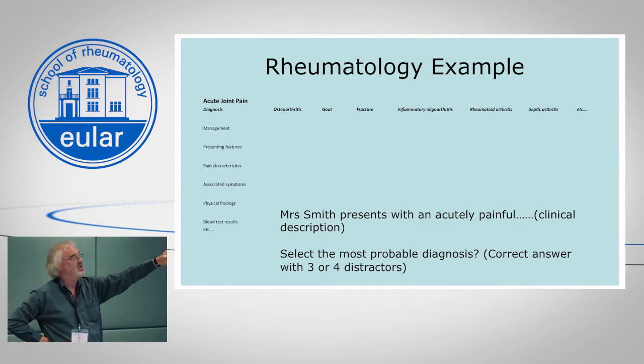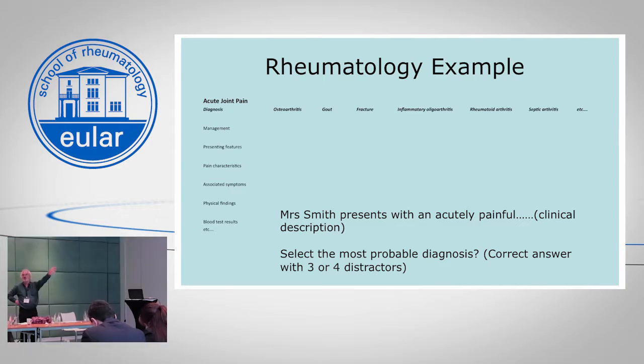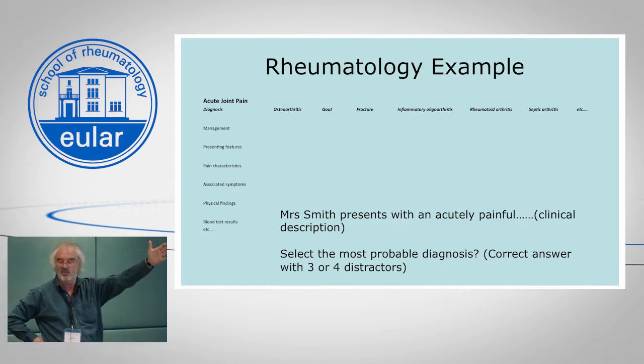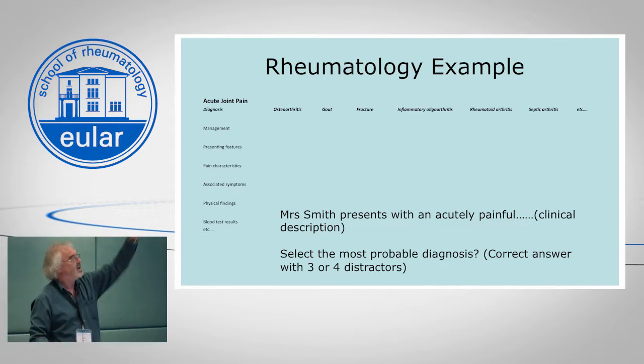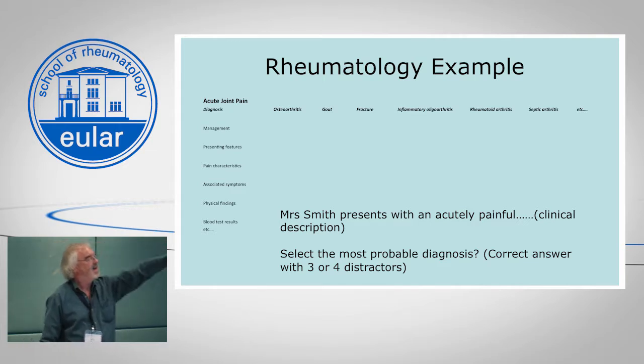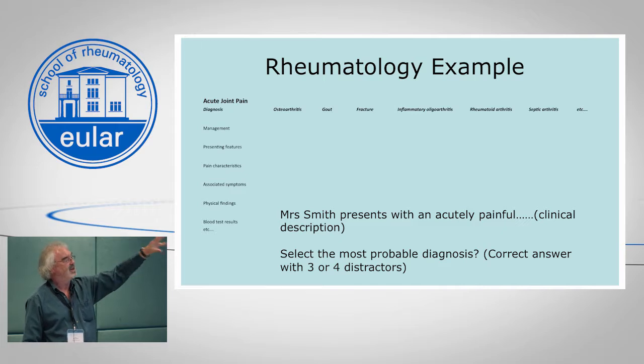That would lead you to be able to come up with potentially 5 or 6 or 7 multiple choice questions, all based around this idea of acute joint pain. So you begin with Mrs. Smith presents with an acutely painful knee, for example, and then you pick the appropriate information from each of those, and at the end you would say select the most probable diagnosis with 3 or 4 distractors, or in that case, here you've got 1, 2, 3, 4, 5, 6 potential distractors.